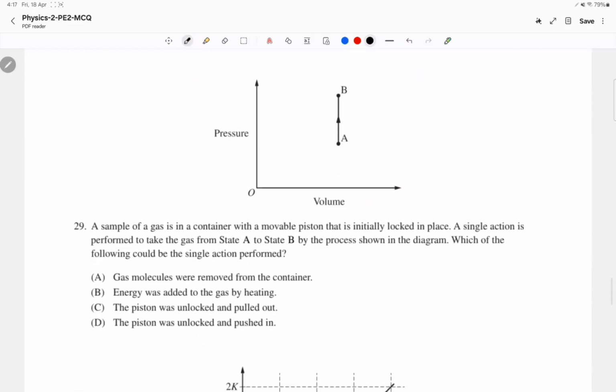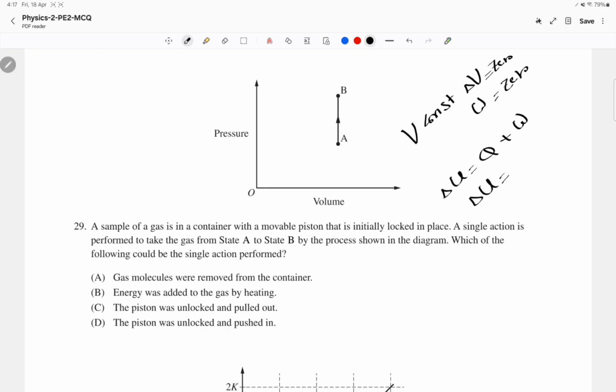Okay. Question 29. As we go from A to B, what are we experiencing? Are we experiencing a change in volume? No. The volume is constant. So that means that delta V is 0. That means the work will also be 0. Now, as we know from the first law of thermodynamics, delta U is equal to Q plus W. So W is 0.